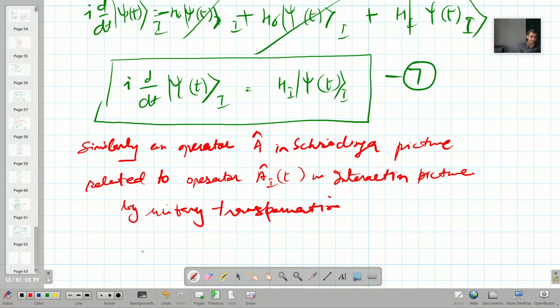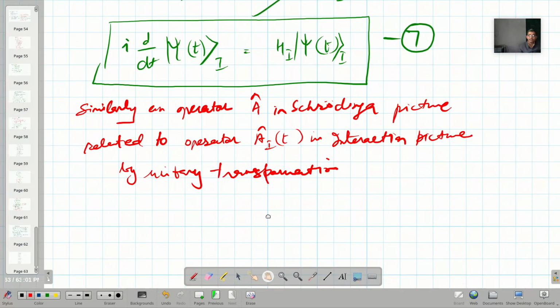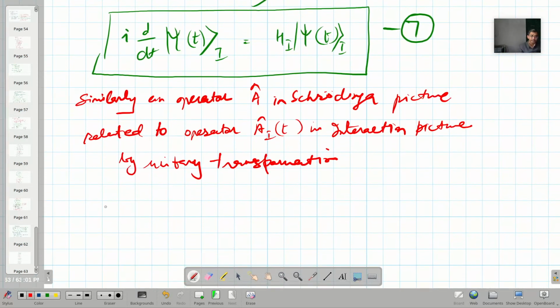So therefore we should write down that A I t must be equal to e raised to power iota h naught t A e raised to power minus iota h naught t.